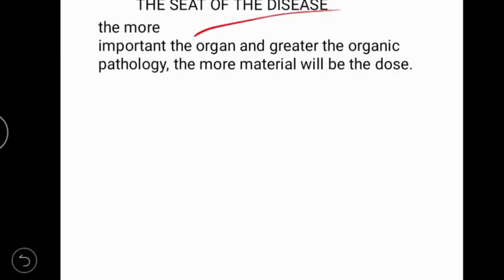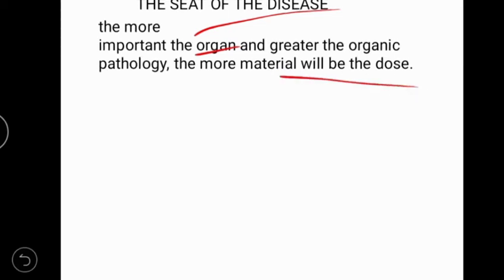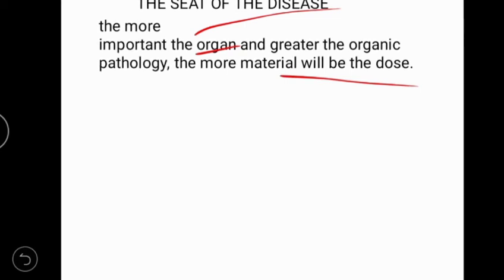Seat means the place where the disease is present. That is important. An important organ or greater pathology will be given the more material dose, meaning lower potency. If the material dose is more, then the potency will be less. That is the thing we know from before: if the organ is the brain, liver or heart, then we use lower potency doses.